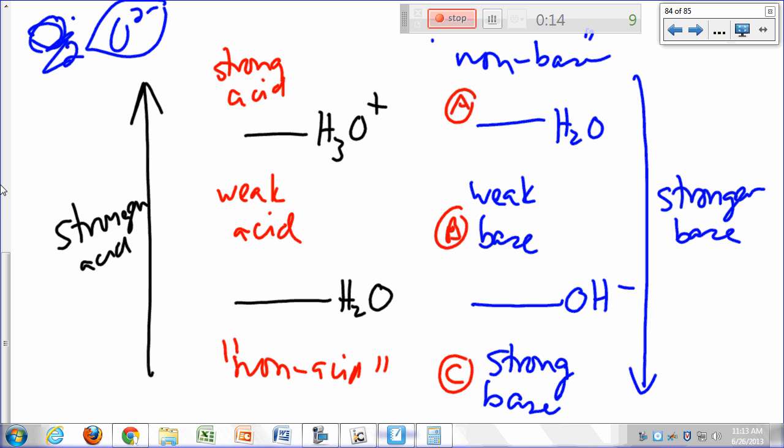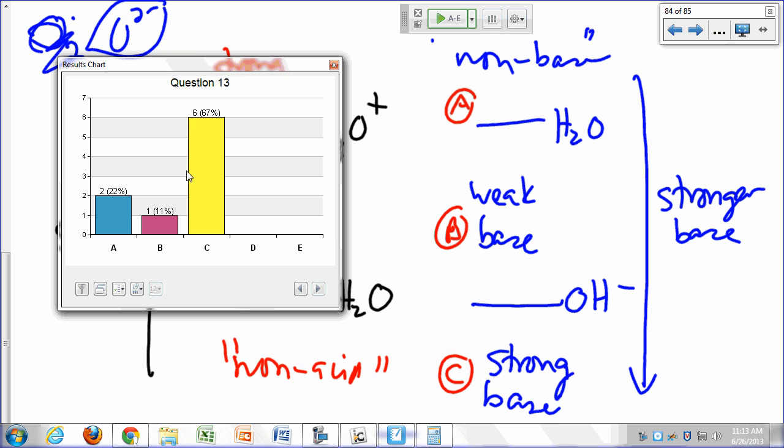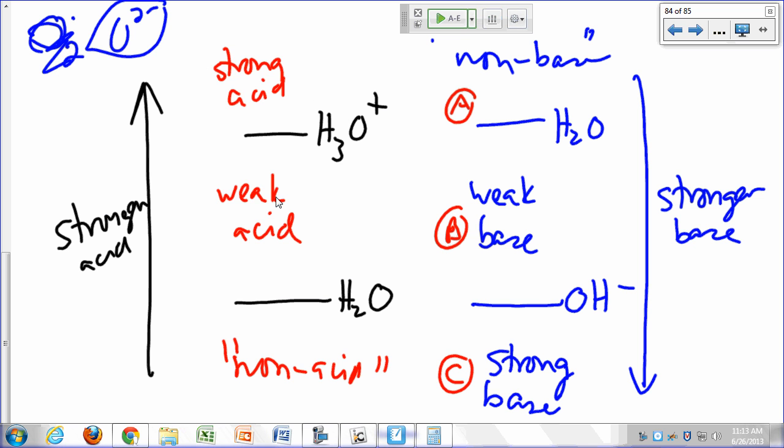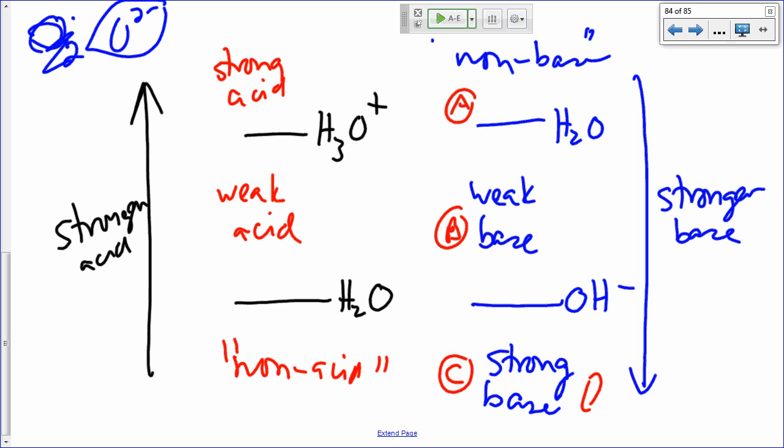Is it weaker than hydroxide but stronger than water? Or is it weaker than water? Oxide is stronger than hydroxide, so you don't get any oxides in water, right? So oxide is going to fall over here, stronger than hydroxide. Hydroxide is the strongest base that can exist in water.